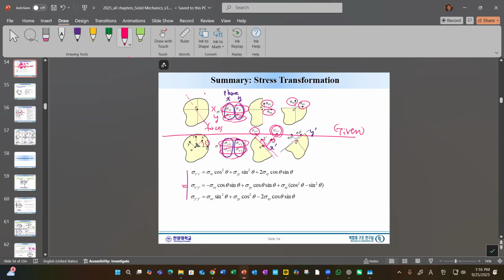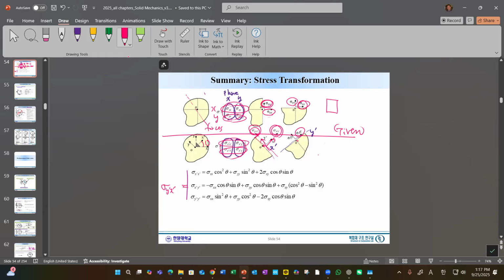well, we already observed that sigma x prime y prime is always the same as sigma y prime x prime. This guy and this guy are always the same. If I draw, well, here same thing. This guy and this guy are always the same. We already checked and learned why they are the same.